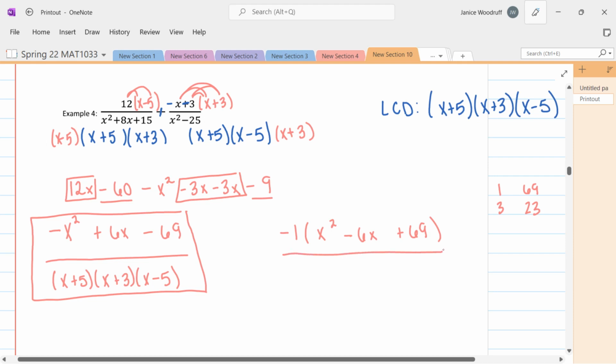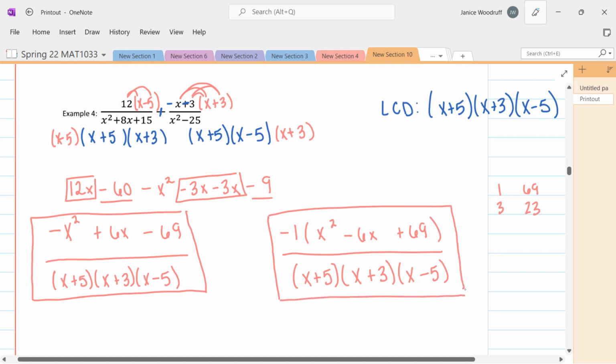This would be equivalent. Pulling a negative 1 out doesn't really do anything. I'm sorry, what was that? Yes. Yeah, these are the same thing.